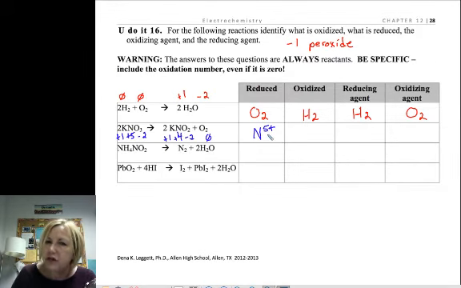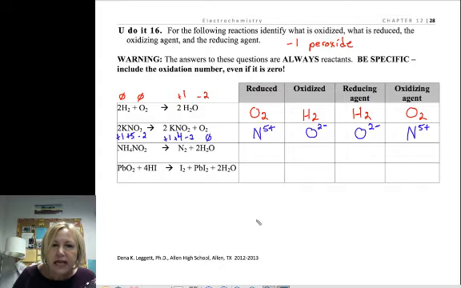You can't just say nitrogen because there's 2 nitrogens in the reaction, and you've got to prove your case thoroughly. Now, whatever is reduced is also the oxidizing agent, so that puts nitrogen there as well. Oxygen, at least some of it, was oxidized. So the oxygen with a -2 oxidation state was oxidized, and that makes that the reducing agent.